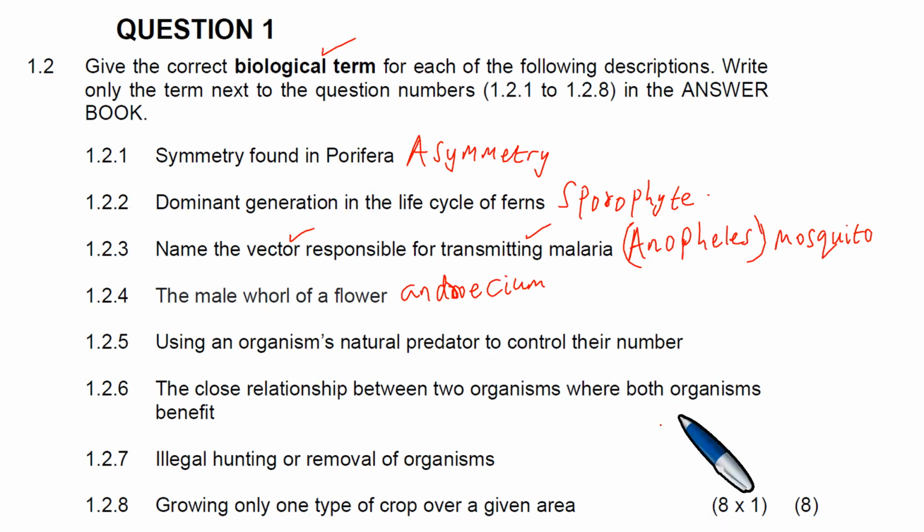Obviously, this one has two possible names, so you can state it in two ways. Because we're speaking about an organism's natural predator to control their number, this is called biological control.